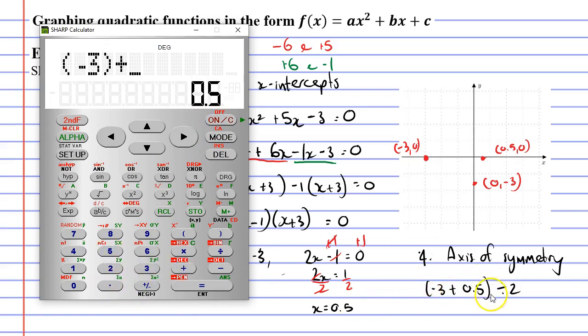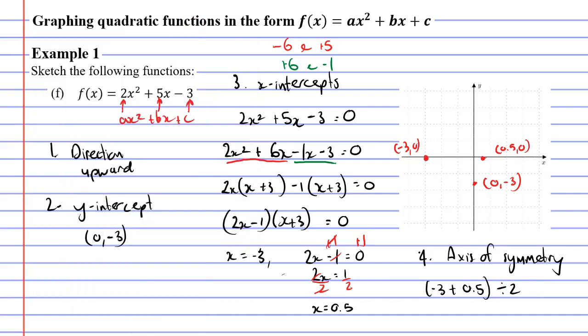Now I actually had that in brackets, so I need to press equals before dividing it by 2. So divide 2 gives me -1.25. I'm going to draw my axis of symmetry, which is slightly to the left of -1, like so. So I have x equals -1.25.